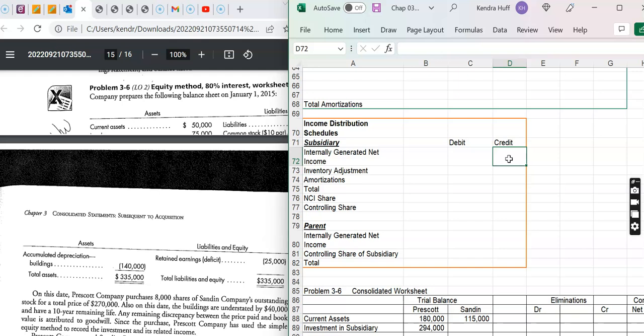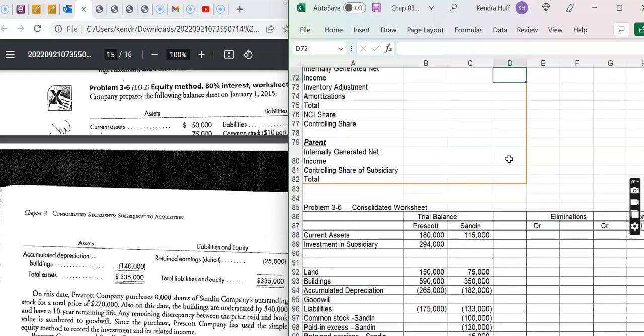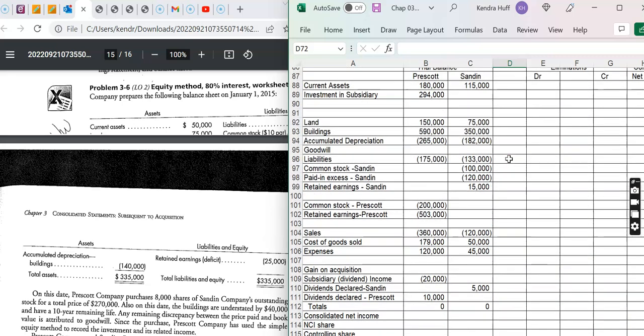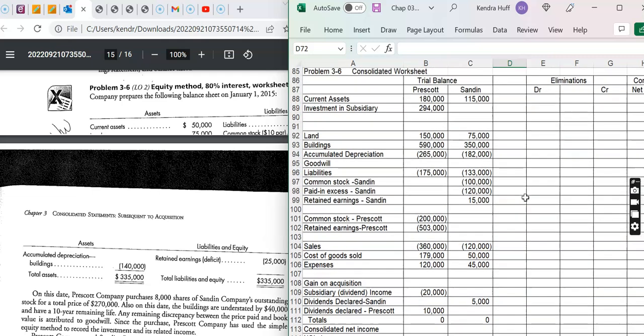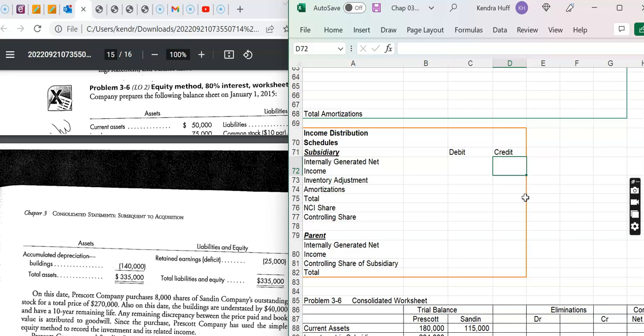All right, so we can go look up. I'll go down here and do it. The internally generated is going to be the sum of these. So 120, 50, and 45. Or subtract them or whatever. 20 minus 50 is 45. And then 4,000 comes out of that.